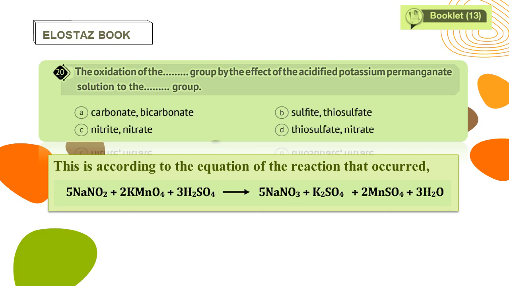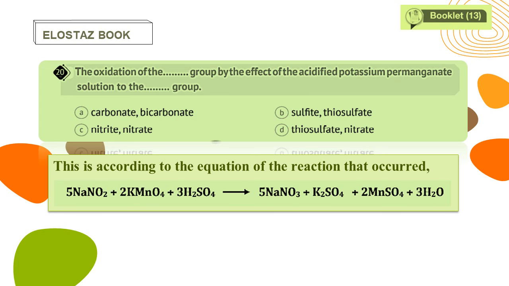So the oxidation here changes nitrite into nitrate. NaNO2, nitrite, changes to nitrate NO3 plus potassium sulfate K2SO4 and manganese sulfate MnSO4 and water at the end of the reaction.